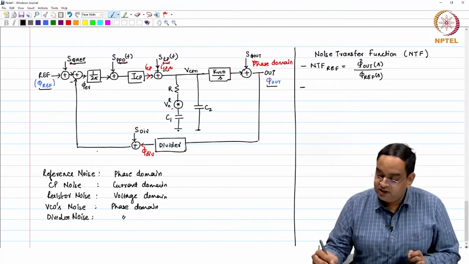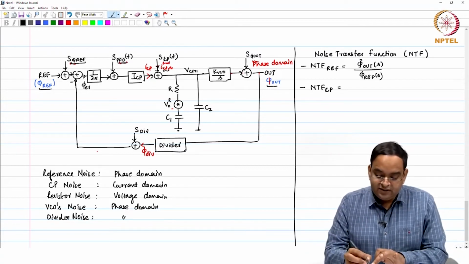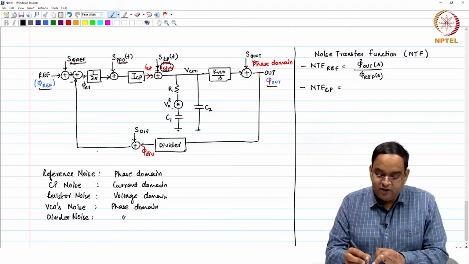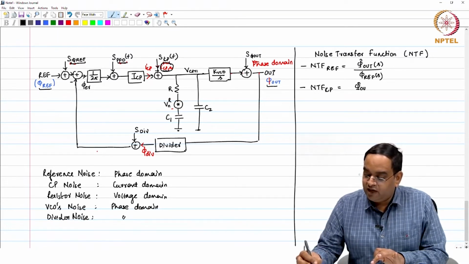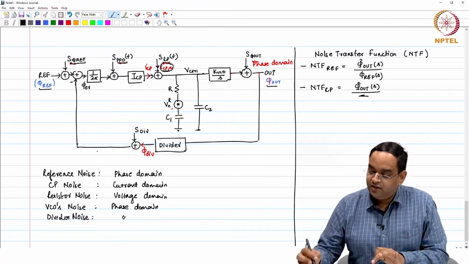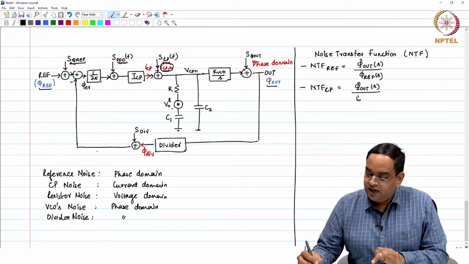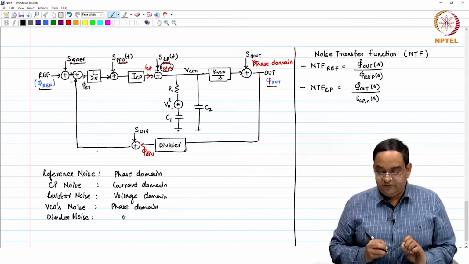Similarly, for the charge pump noise, we need to define NTF Cp. Charge pump adds a noise current here. So, I need to define how phi out of S changes with respect to the charge pump noise, Cp n of S. This is how we define the transfer function.